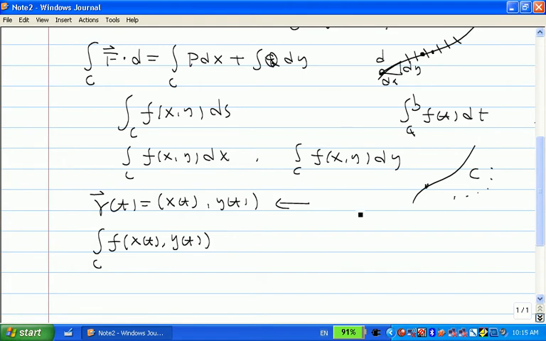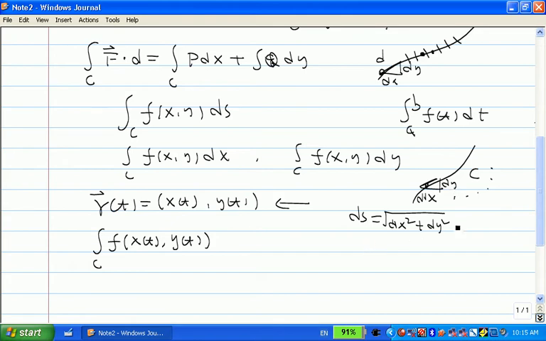Then you need to replace the ds. What is the ds? ds is this distance, equal to the square root of dx squared plus dy squared. This is the dx, this is the dy.